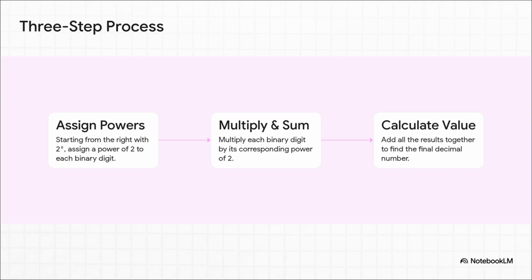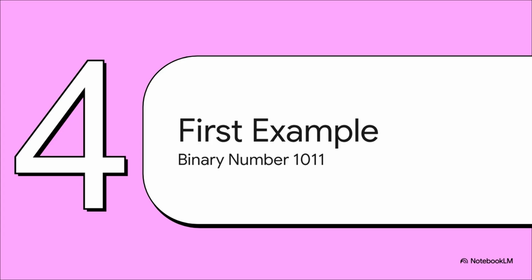Second, we multiply each binary digit, each 1 or 0, by the power of 2 that we assigned to it. And finally, for step 3, we just add all of those results together to get our final decimal number. It's a very reliable method.